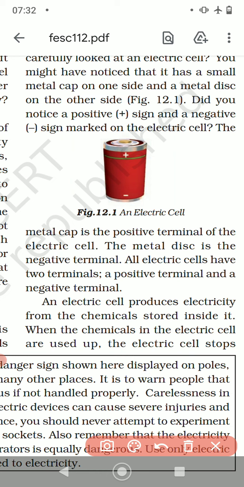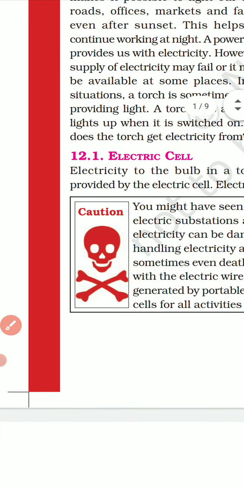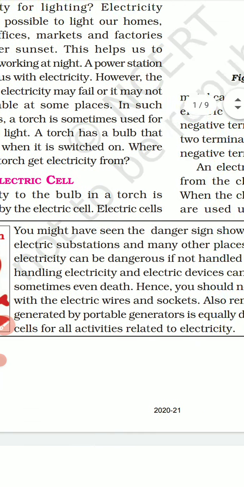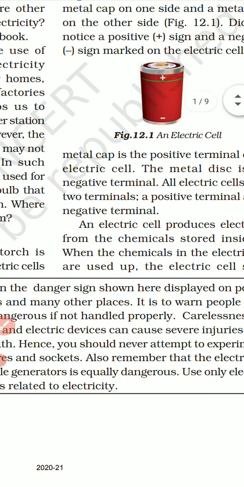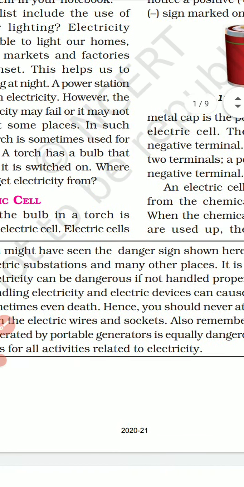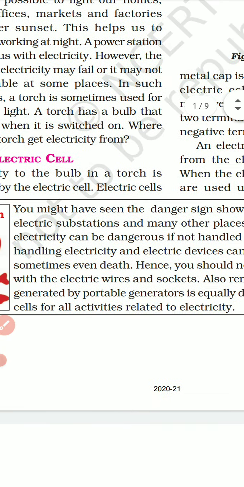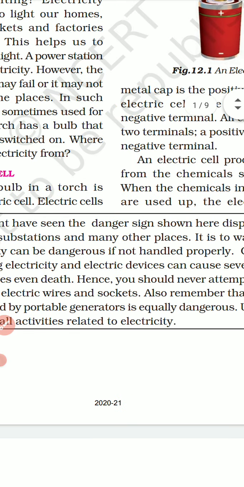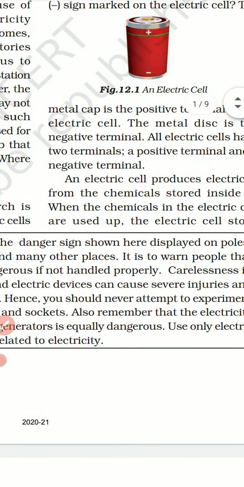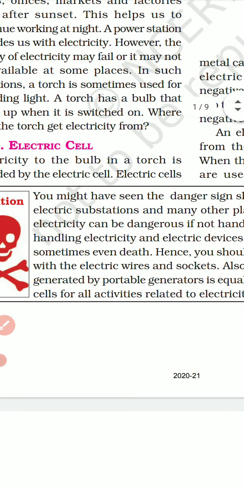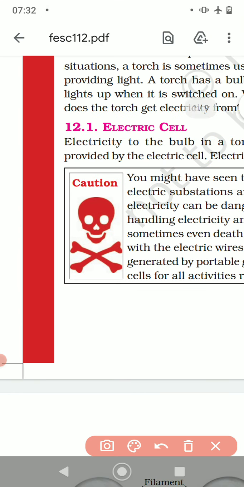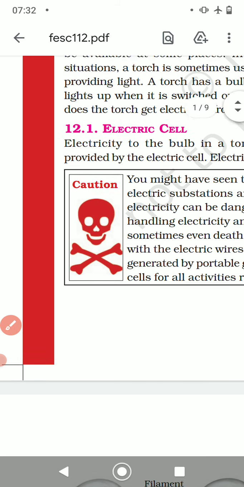Now let's move ahead. Caution. You might have seen the danger sign displayed on poles, electric substations and many other places. You have to recognize this sign. Where do you find this sign? This sign is found at the electric poles and at the substations.